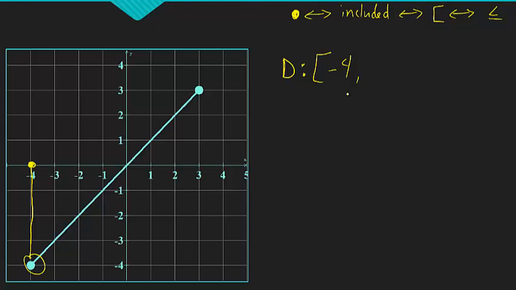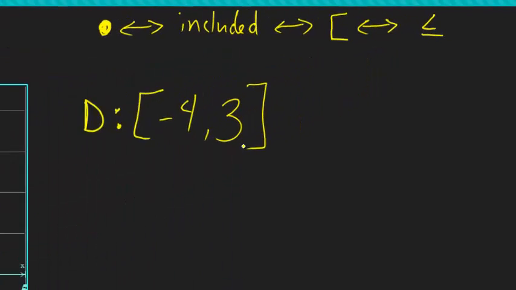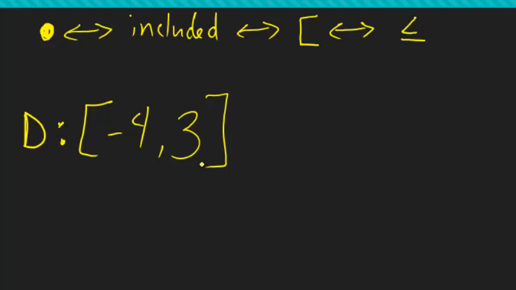Now let's find the rightmost point, which is this point here, which is a closed dot, so it's included. Let's make a line to our x-axis. That would be 3. So then -4, comma 3. And since it's included, we're going to use a bracket. This is the domain in interval notation.